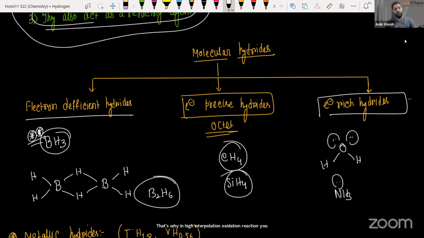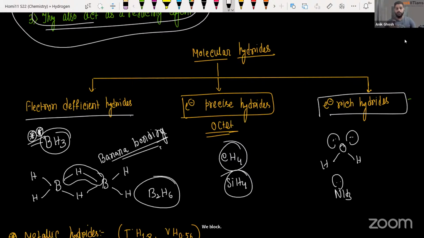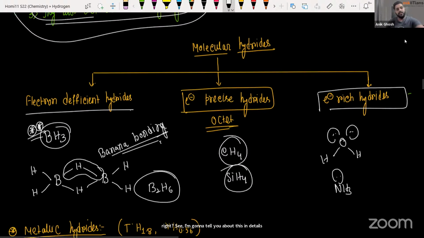Remember at that time I told you? Now, this particular bond is known as banana bonding. All these things are there in the group 13, p block. It's called banana bonding. Hydrogen is making two bonds, right? Three-center two-electron bond. I'm going to tell you about this in detail going on. Okay, so these are the three types of them.